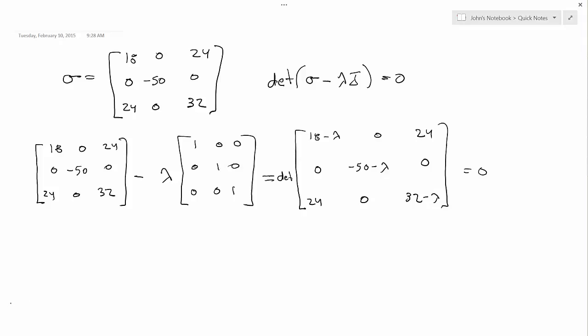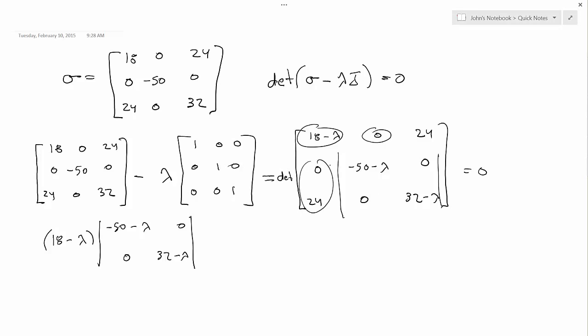So remember how I told you that you could take the determinant by taking this term and multiplying by the determinant of that guy, right? And then we would do this times the determinant of that, but it's 0, so we'll skip that.